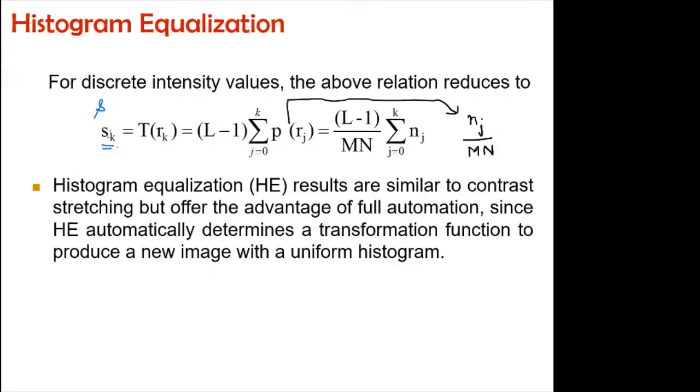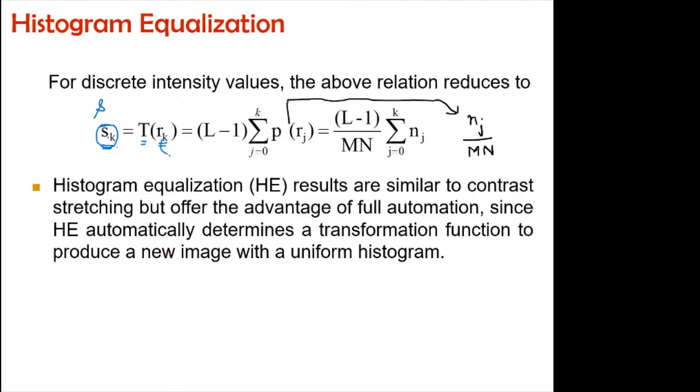But here you have to tell the value also. So sk is the intensity of a particular pixel, achieved after some mathematical rule is applied on the previous intensity value rk.